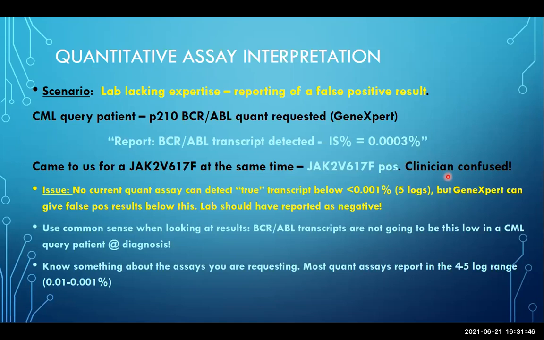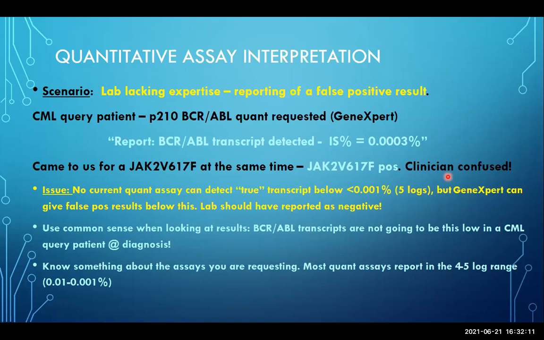Now, the thing is that this was a diagnostic sample, so it's highly unlikely that the patient is going to be positive for JAK and for a BCR-ABL translocation at the same time at diagnosis. After you've been on therapy for a while, you can develop another clone.